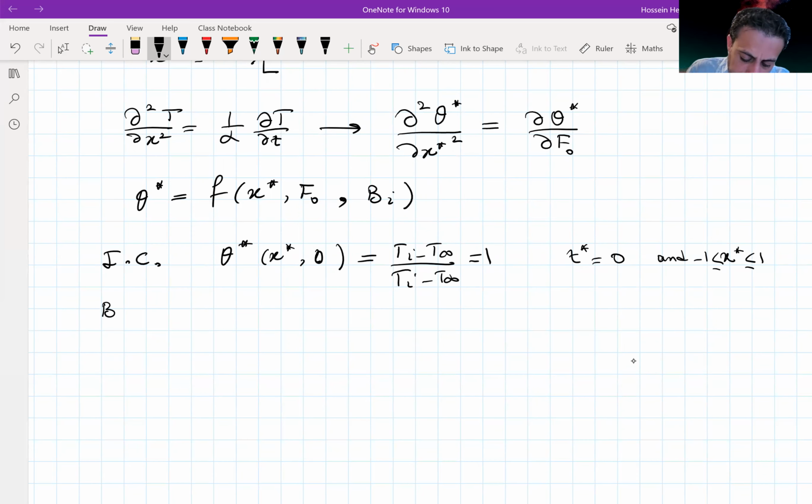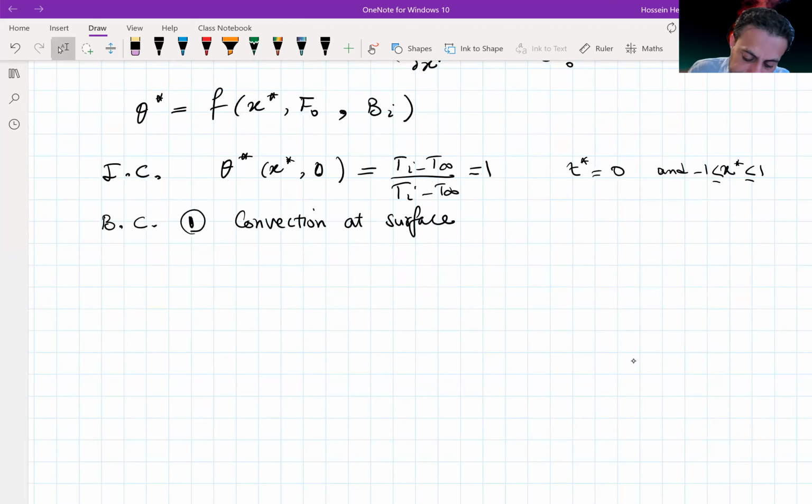For boundary conditions, the first boundary condition, let's put it as 1, is convection at the surface. So remember, for convection at the surface, the heat transfer is hA (T minus T infinity).